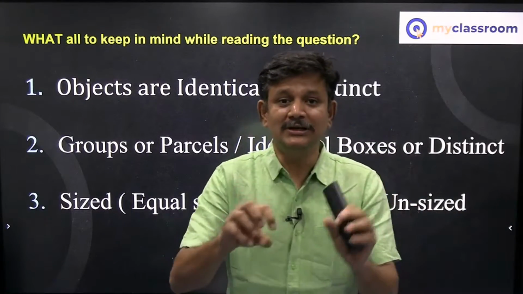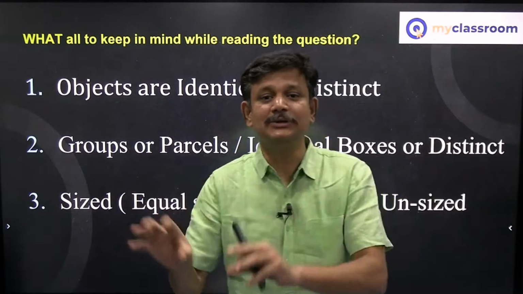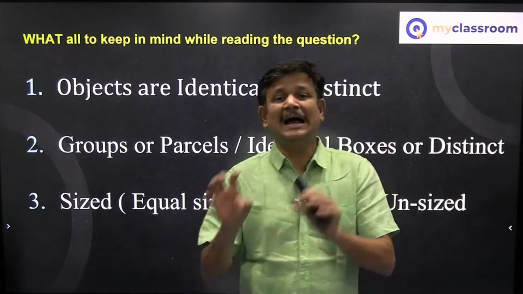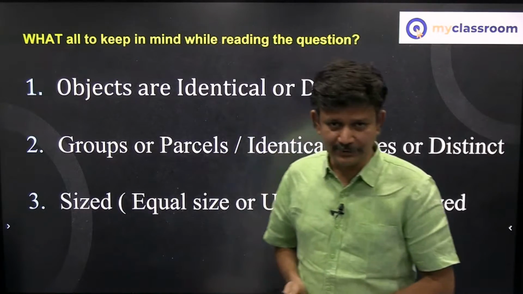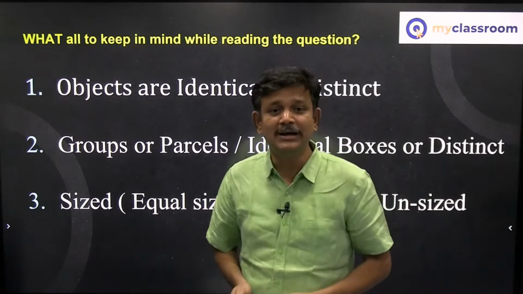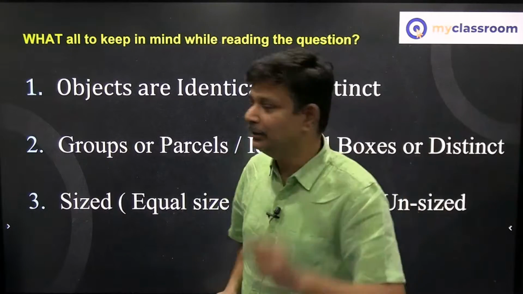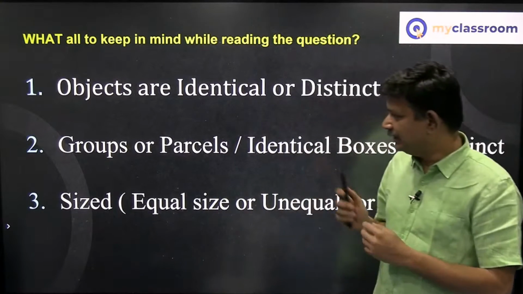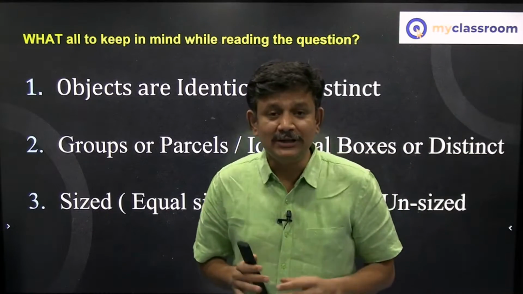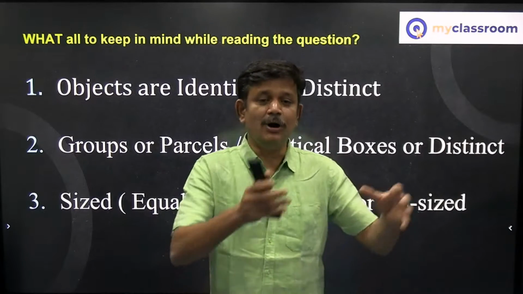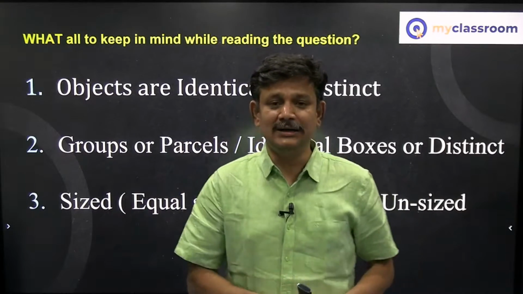Am I distributing 10 different fruits among 3 persons, or am I distributing 10 identical fruits among 3 persons? Second thing, whether they are groups or parcels, or the boxes are identical or dissimilar.